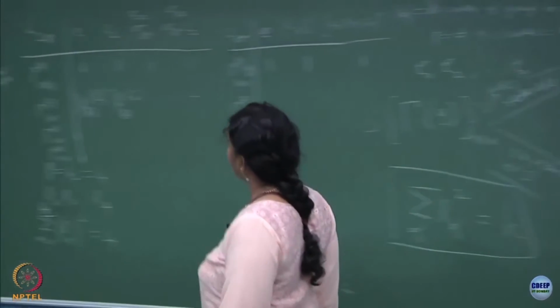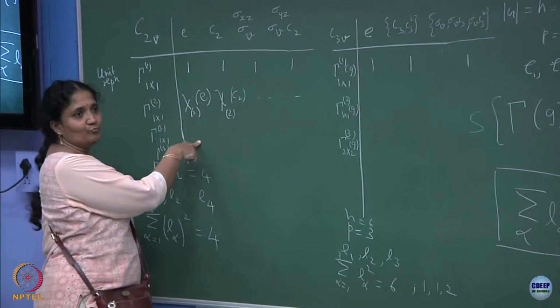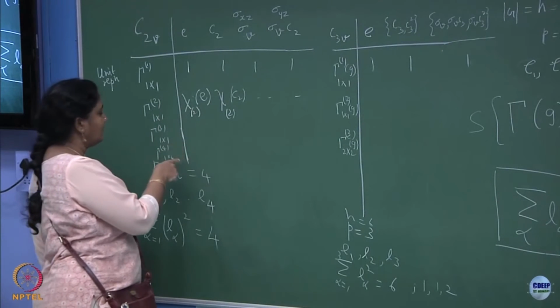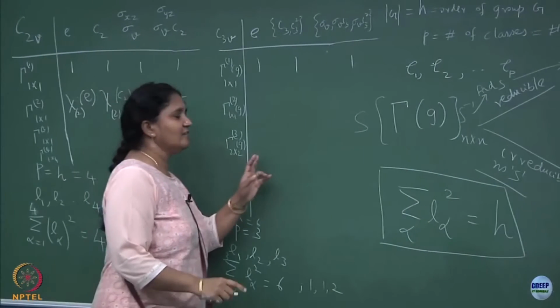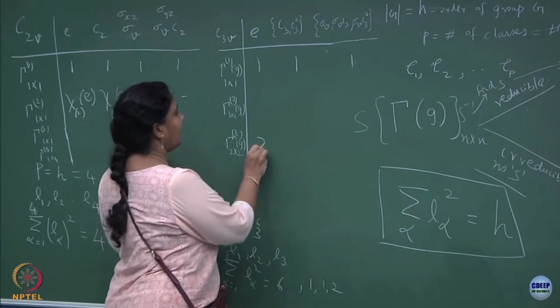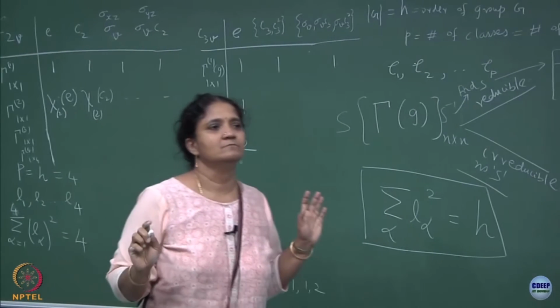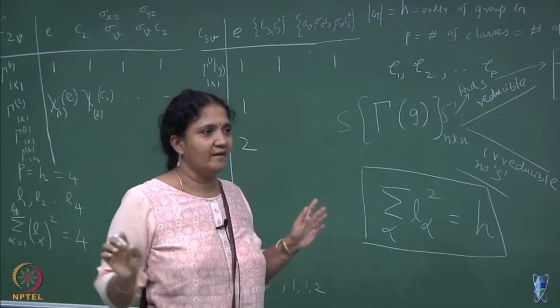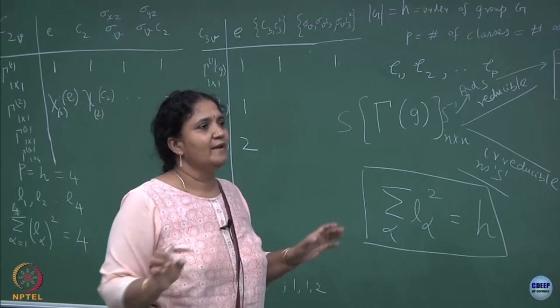Only thing you have to remember is for the identity element there is nothing you can do. Whatever is the character, if it is a 1 cross 1 matrix, it is 1. If it is a 2 cross 2 matrix, it is 2. So, the character for the identity element you can write blindly. It is just the dimension of that matrix, right. Trace, which will give you the dimension.